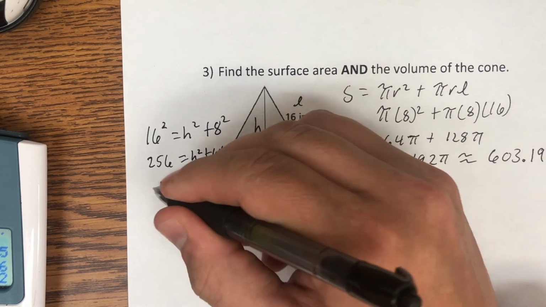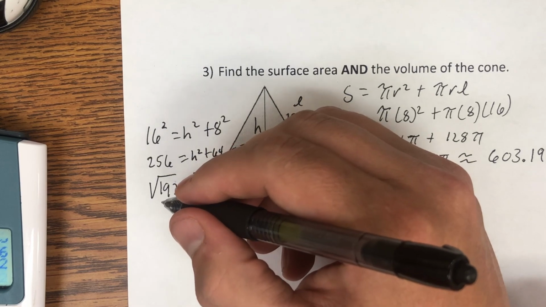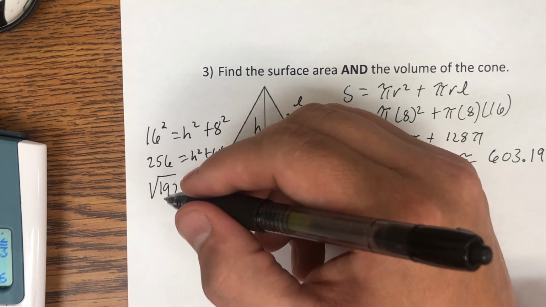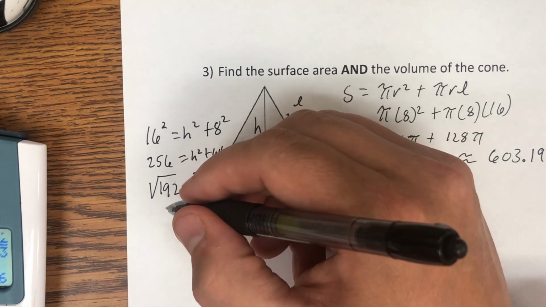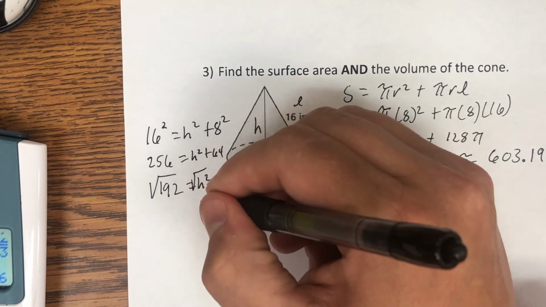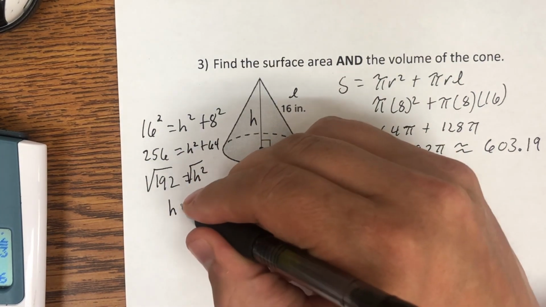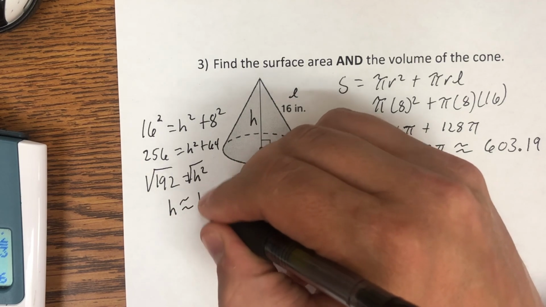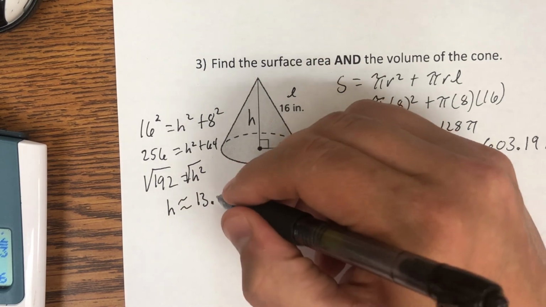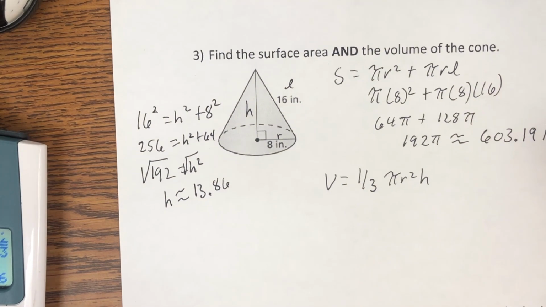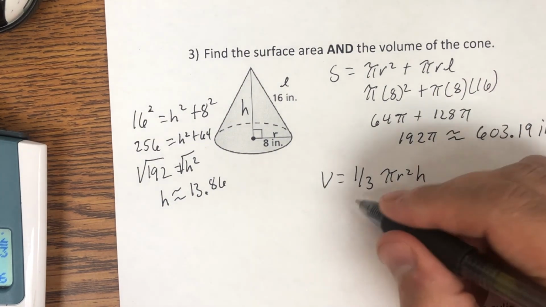Take the square root, and we are at 13.856. I went with the decimal rather than simplifying the radical. That is okay. So our height is approximately 13.86. All right. Now we can plug it into our formula since we know the height.